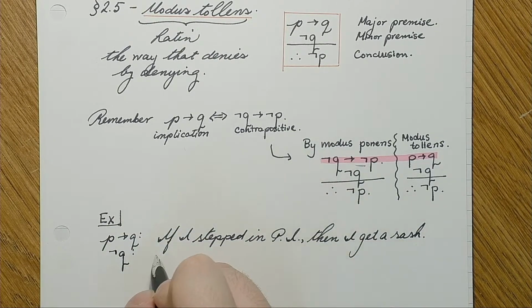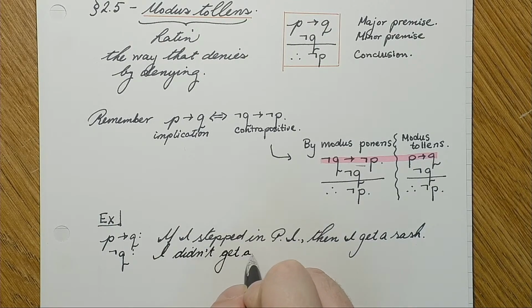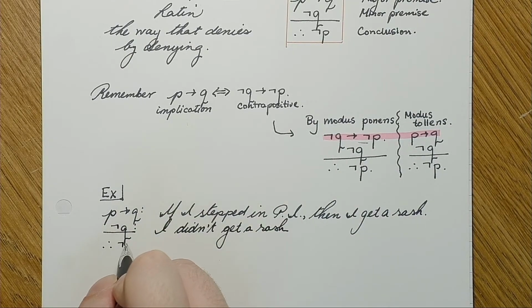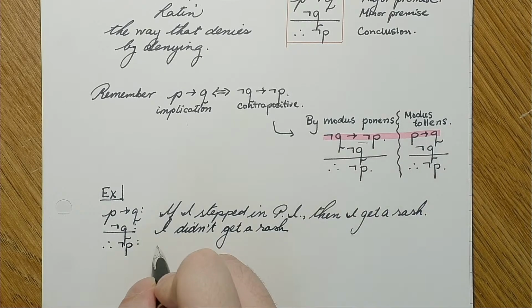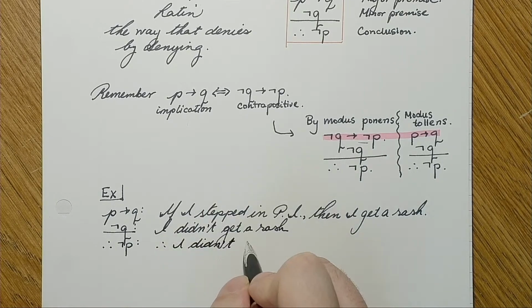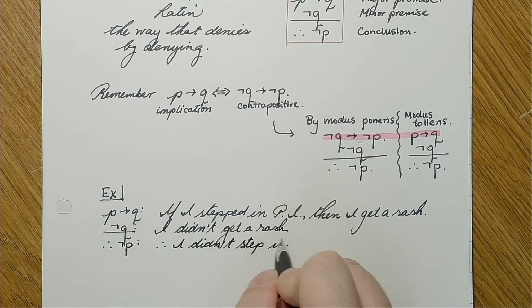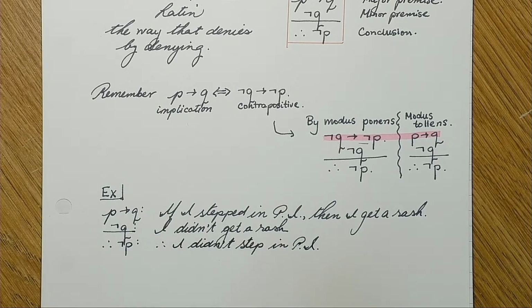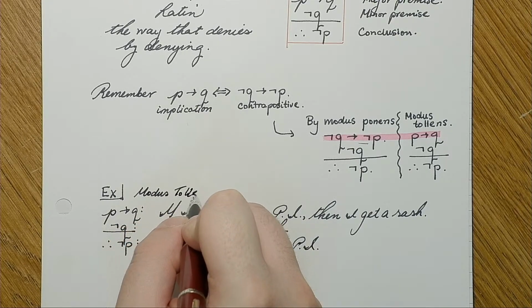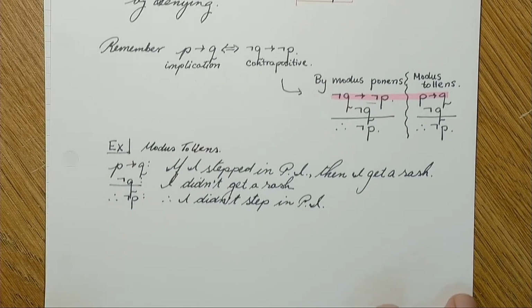Here's the not Q: I didn't get a rash. Therefore, I didn't step in poison ivy. So there's an example of modus tollens.